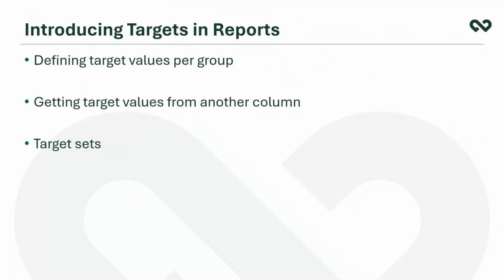So we've just covered the first way of setting targets. Now I'm going to go into how to get target values from another column. This is ideal if you want to assign custom targets via logic or a fallback value. To do this, we need a calculator column to define these targets.